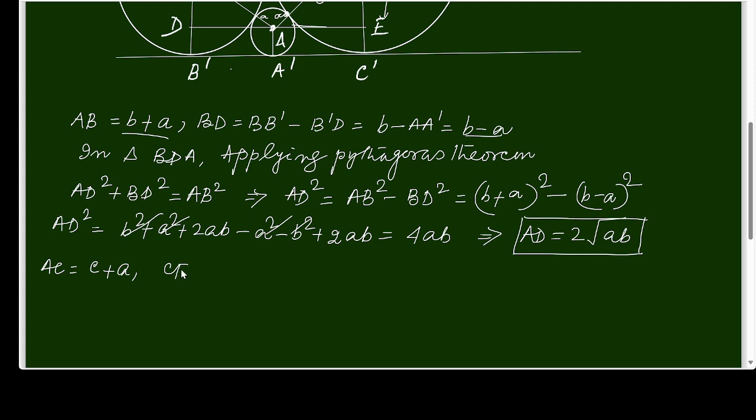So here A'E square equals A'C' square minus C'E square, by the Pythagoras theorem.